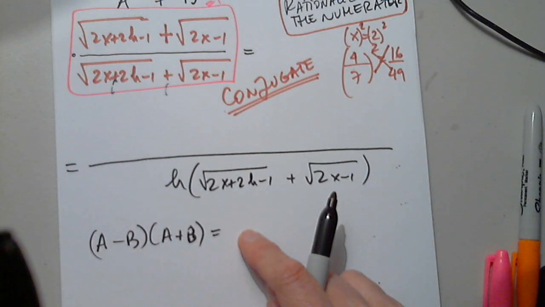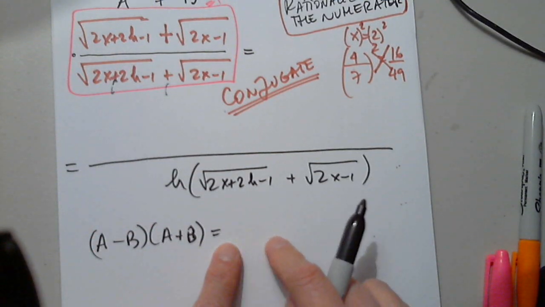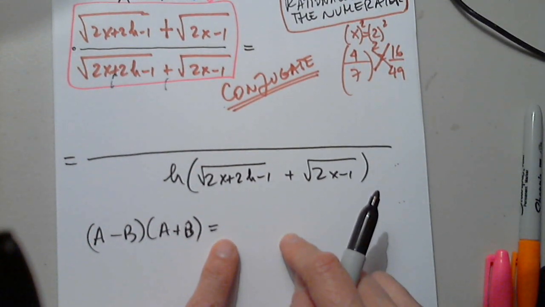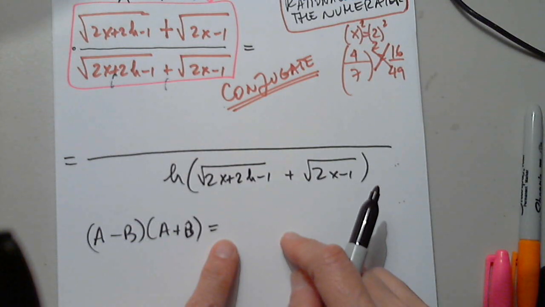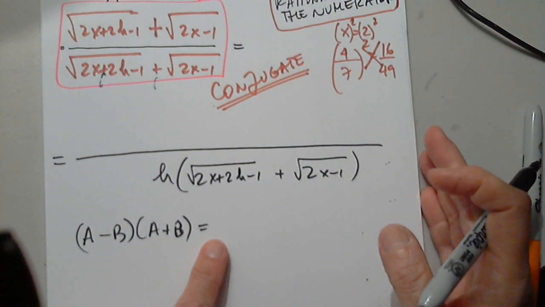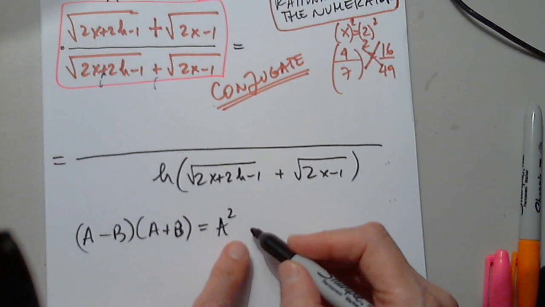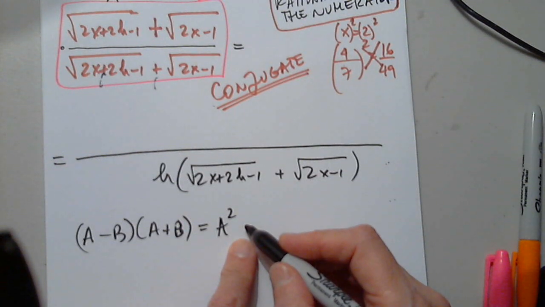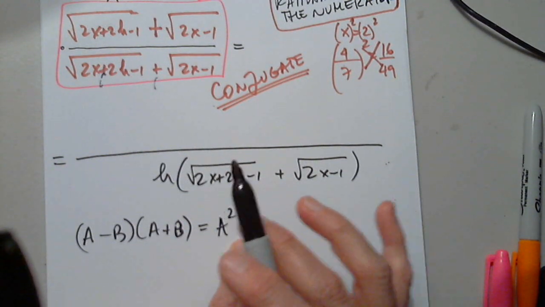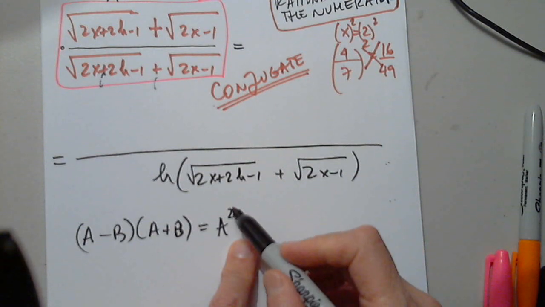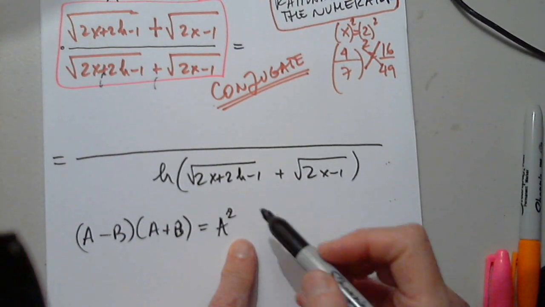A plus b times a minus b. Anyone remembers the answer here? A squared plus ab? We're not just distributing. You can distribute it and give us the answer.